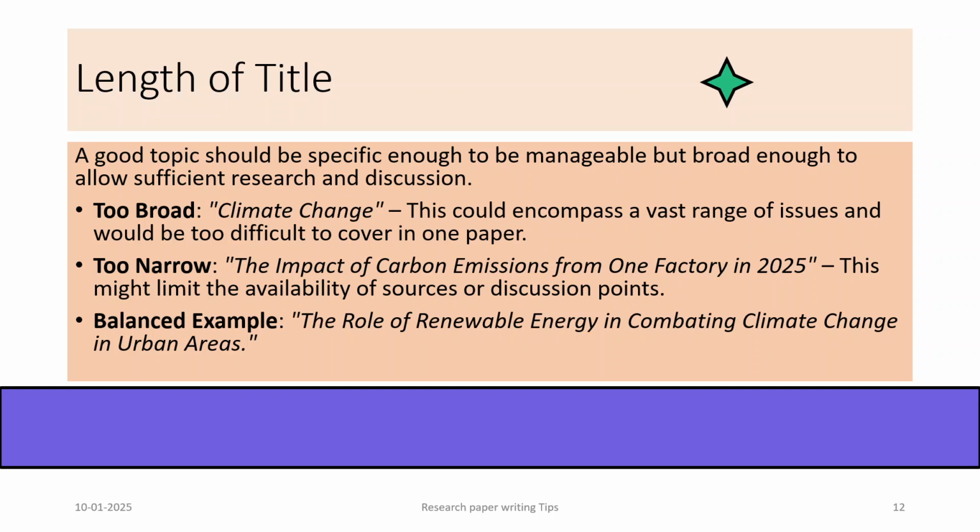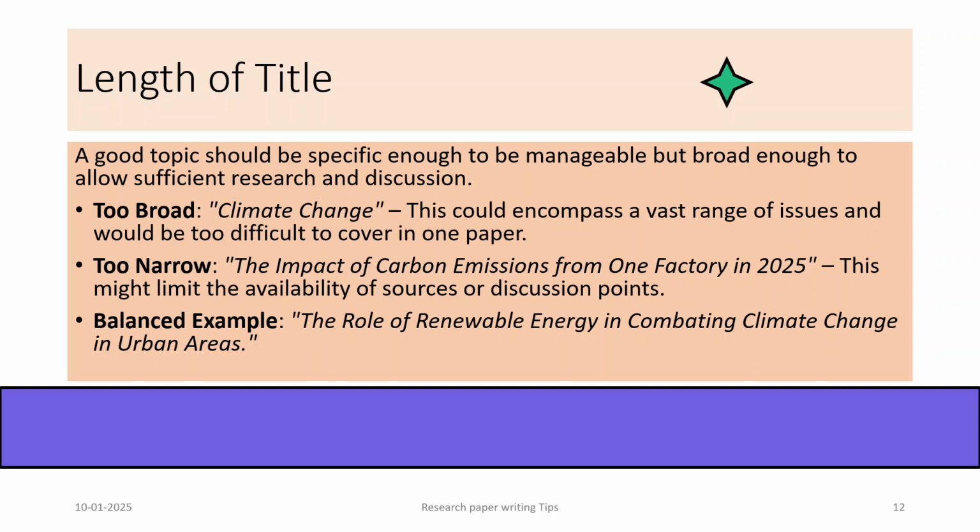So this is too broad, you understand? Too narrow would be the impact of carbon emission for a particular company or factory in 2025, which is limited to a very small sphere. This might limit the availability of sources or discussion points, right? Then what is a balanced example?